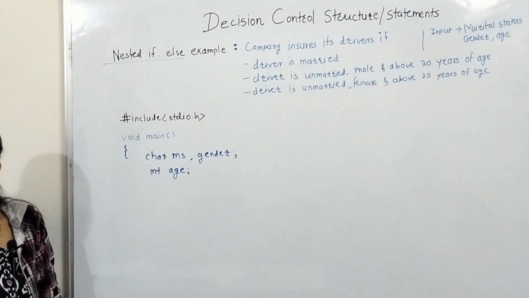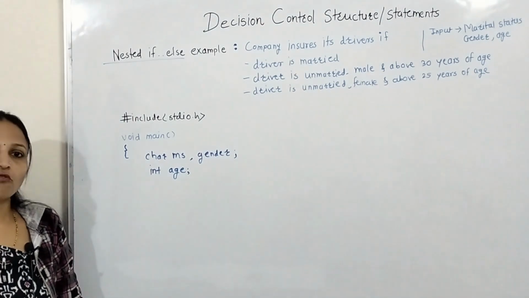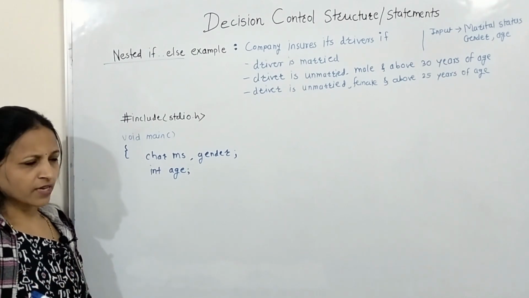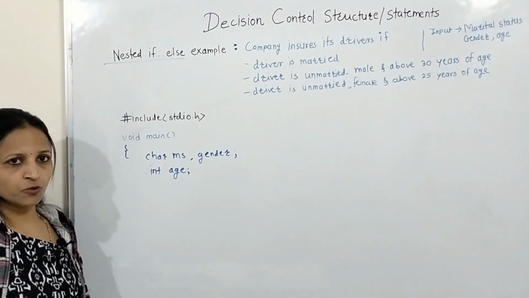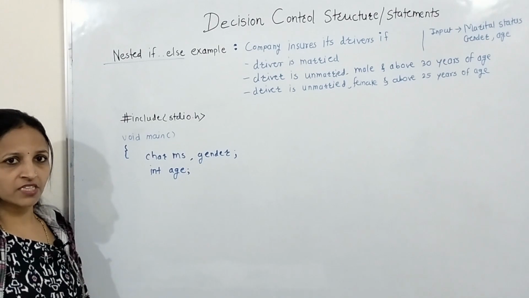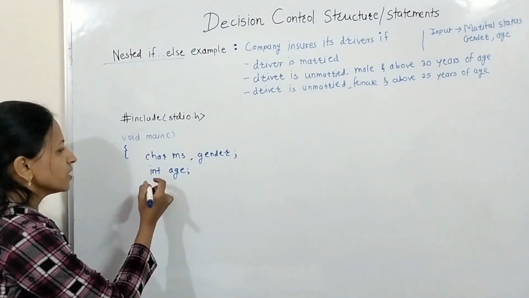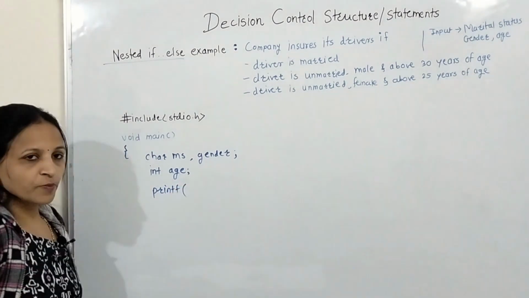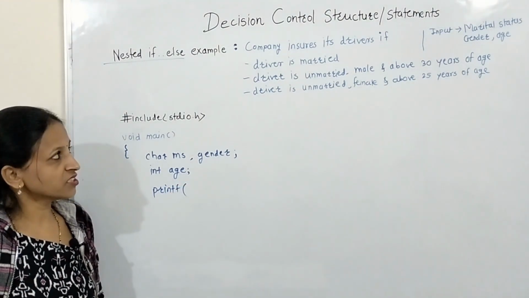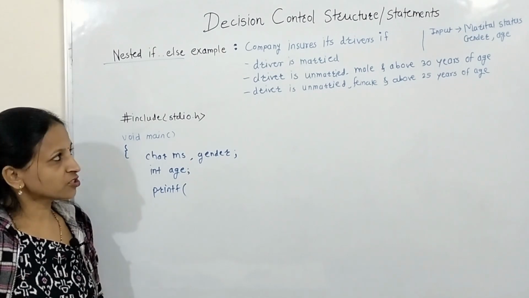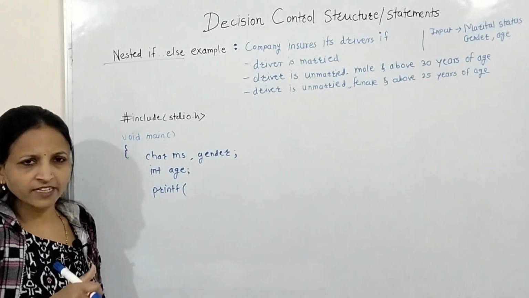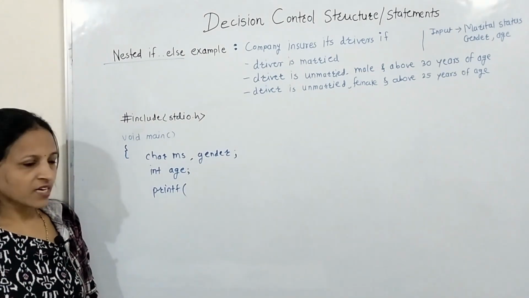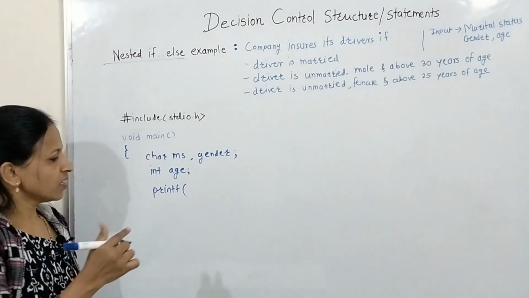Now after declaration of variables, the next step is to accept everything from the user first, and then on the basis of the input given by the user, we will decide whether the driver is insured or not. First, with printf we give a message to the user: enter marital status, then enter the gender of the driver, and then enter the age of the driver, and we will accept everything one by one.